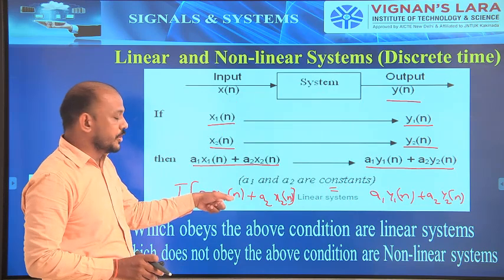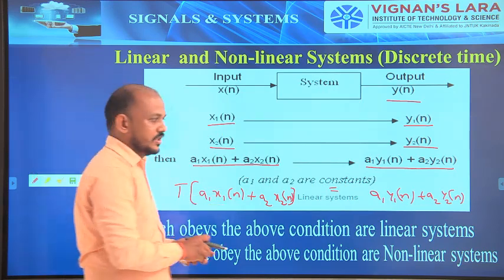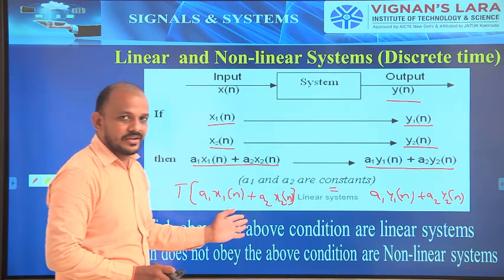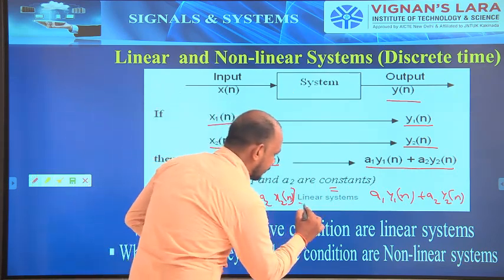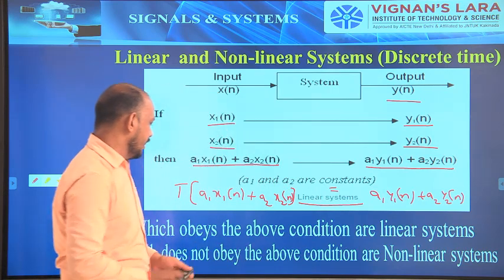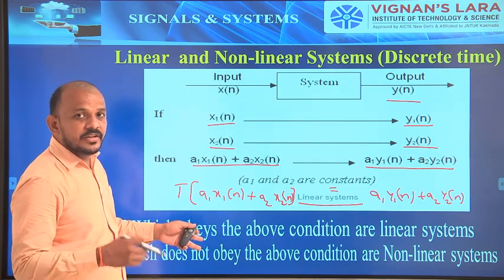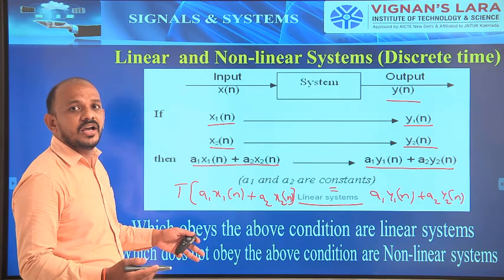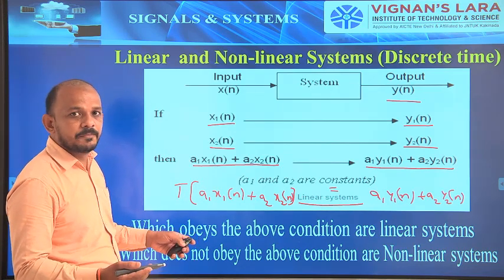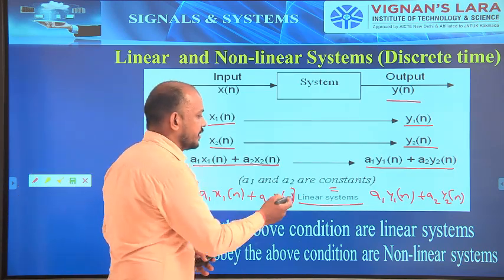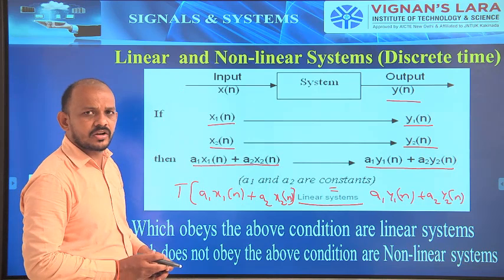This is the output due to the weighted sum of inputs, and this is the weighted sum of outputs. If these both are equal, then the systems are linear systems, because they are obeying the principle of superposition and homogeneity.